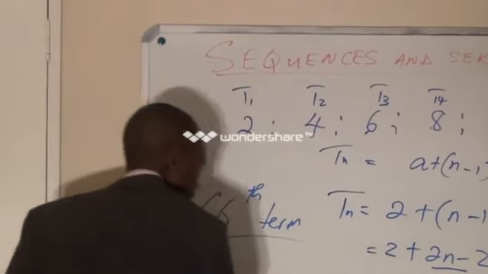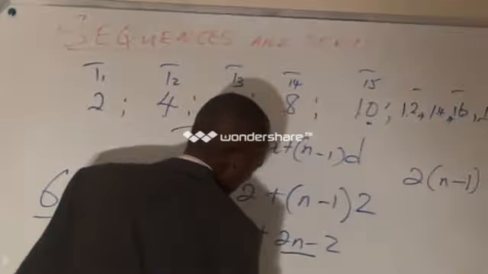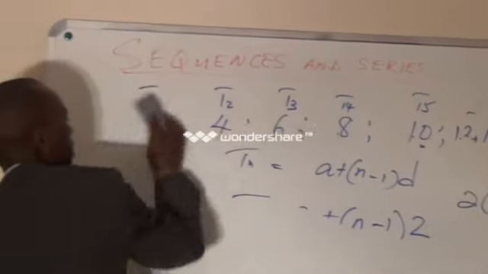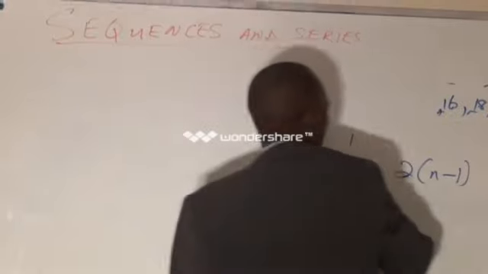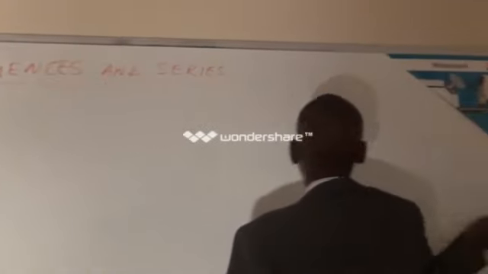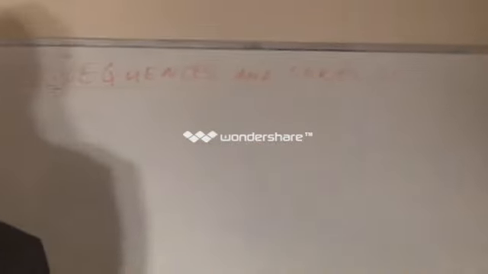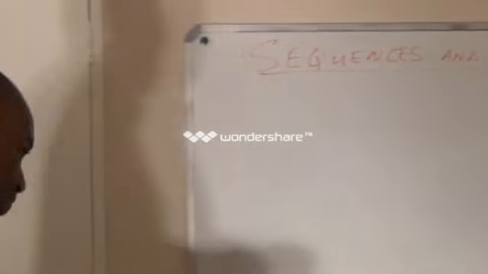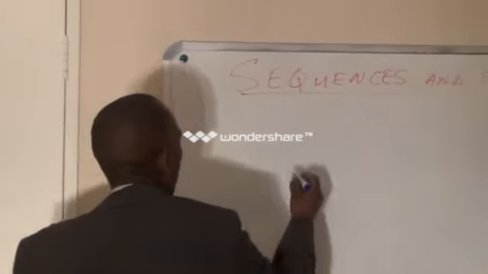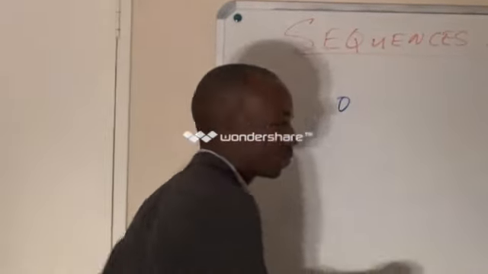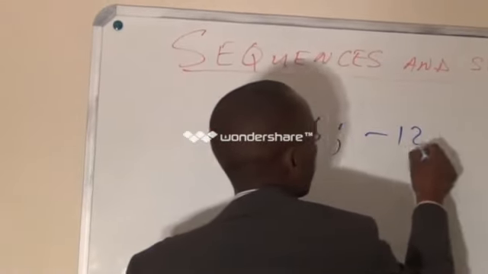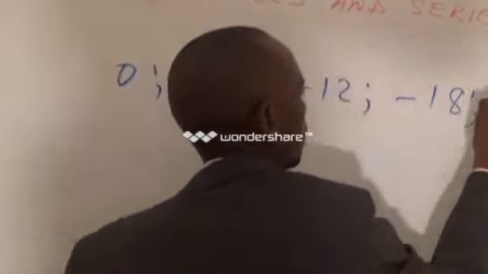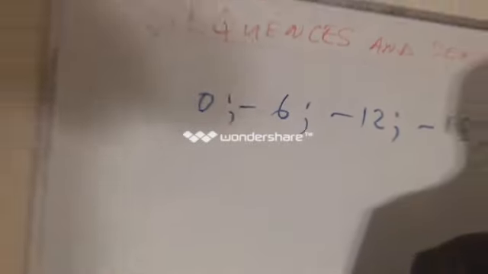Okay? Finally, let us look at probably a slightly different sequence, but exactly the same thing. And see if we can actually manipulate it in exactly the same manner that we've done with the first two that we've looked at. Okay, here's our sequence. 0, minus 6, minus 12, minus 18, minus 24.